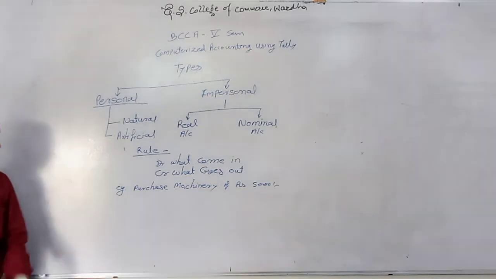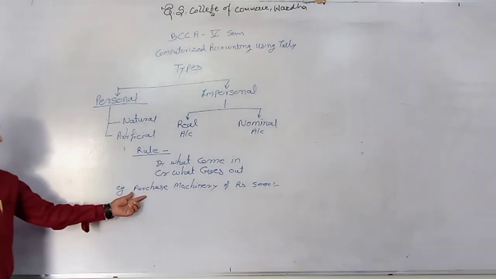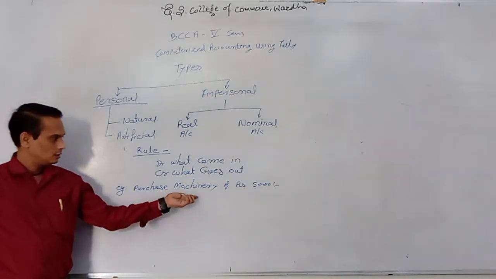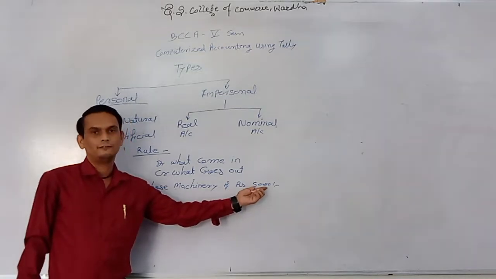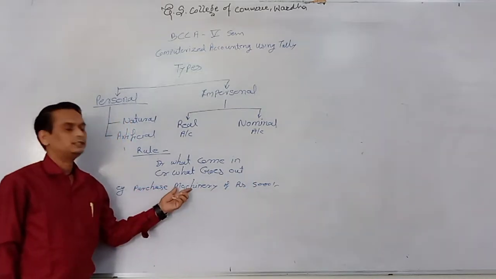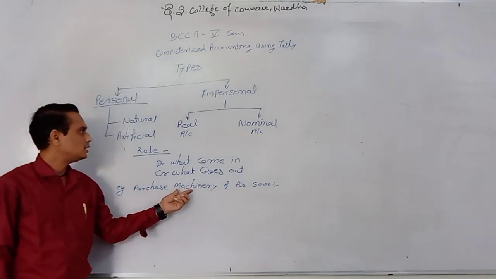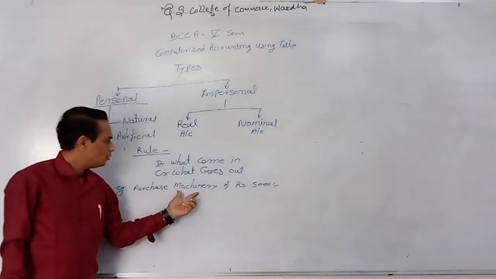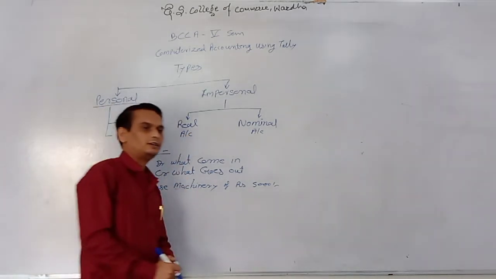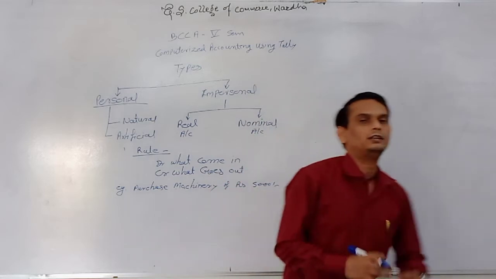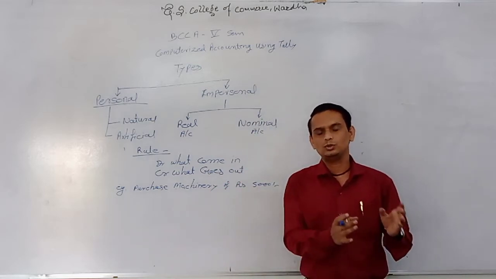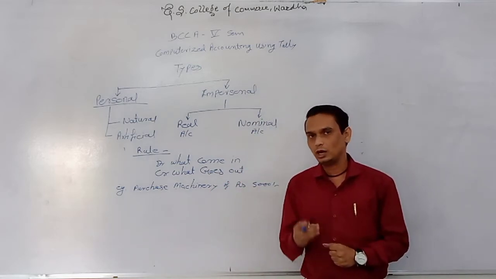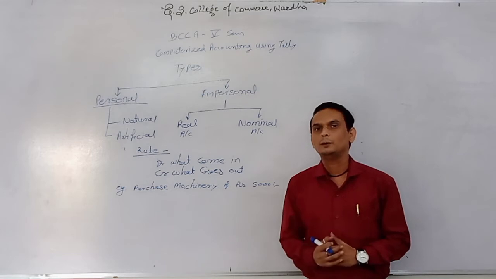Of rupees 5,000. In this transaction, we purchase a machinery at a cost of rupees 5,000. Here machinery is an asset, so it is related with the real account. When we purchase machinery, the seller will provide the machinery into our business.